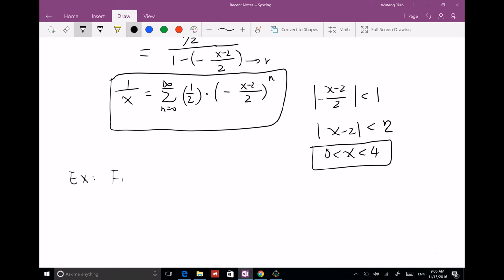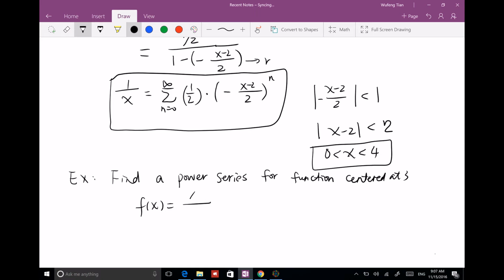Find a power series for the function centered at 3. So f(x) equals 4 over 5 minus x. Okay.